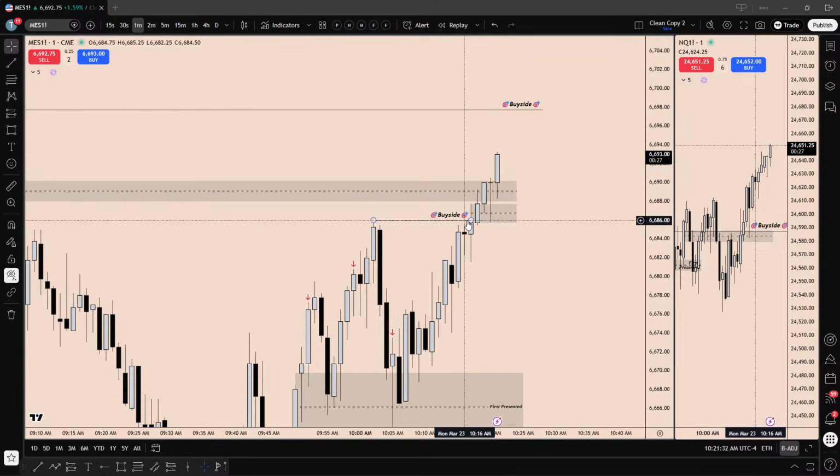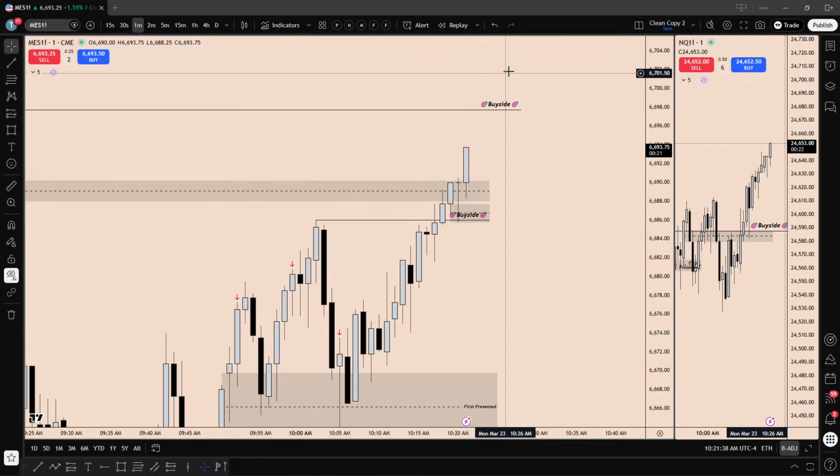Perfect delivery. Okay. So notice that we hit the high, we go down right into that buy side perfectly. Now we should see the expansion.